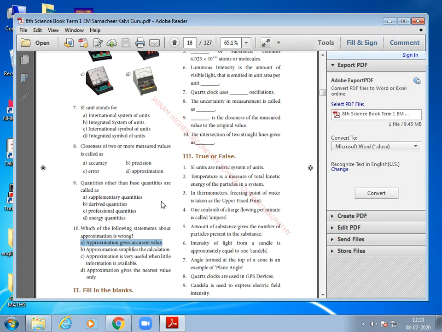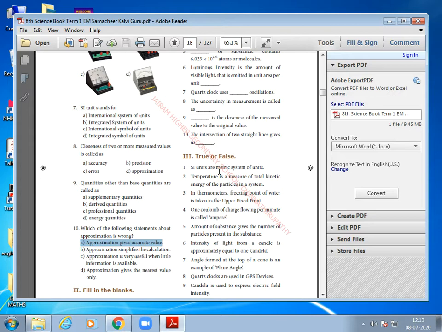First question, the SI units or metric system of units, is it true or false? The answer is true, the SI units are a metric system.